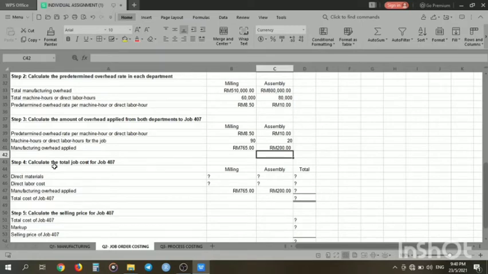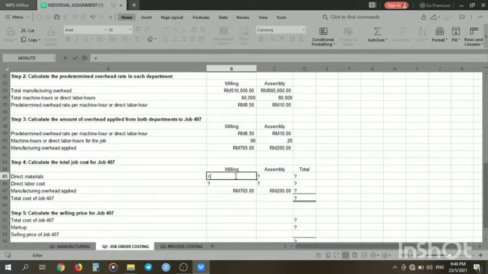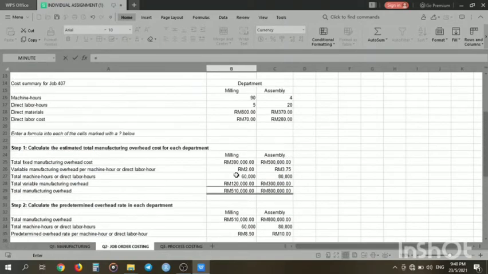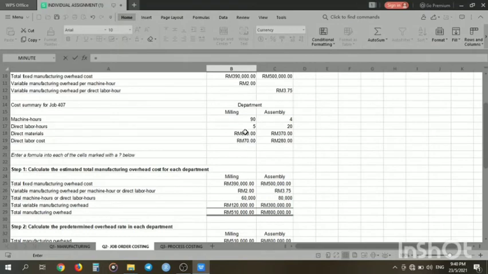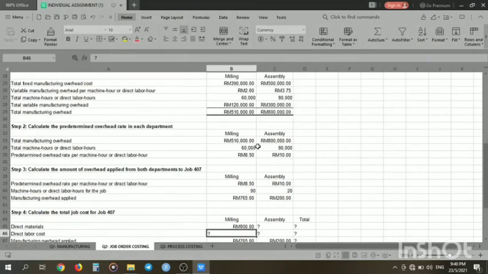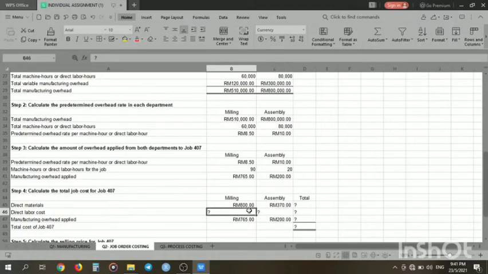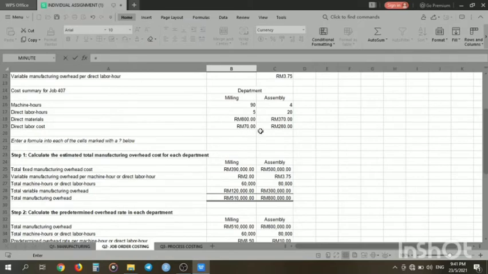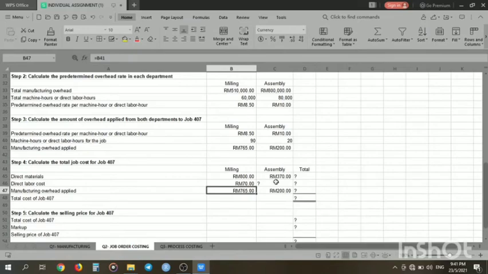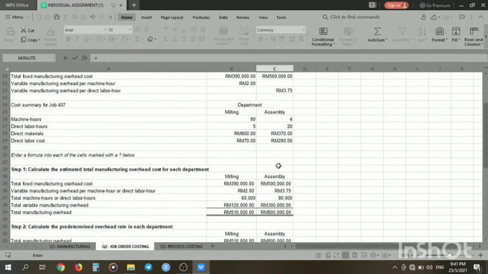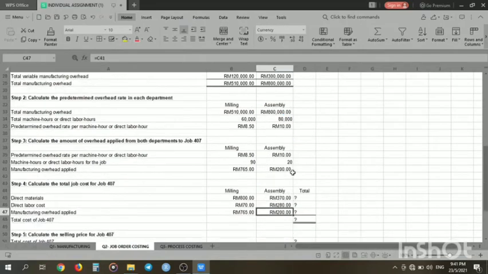For step 4, to estimate total job cost for job 407, direct materials, we only took from the data given for milling, and for assembly, direct labor hour cost 70 ringgit for milling, and for assembly 280 ringgit.